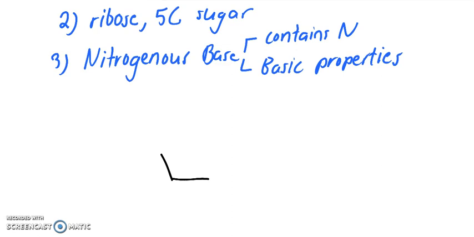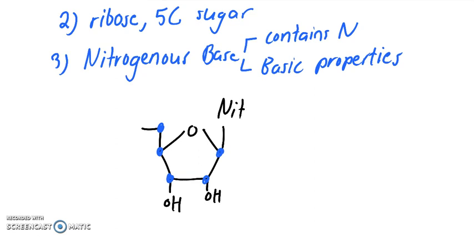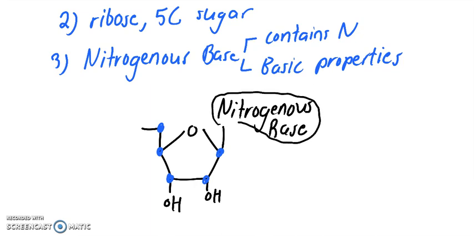Ribose is a pentagon-looking structure, unlike glucose, which was a hexagon. And then this would be the 5 carbons right here. So 1, 2, 3, 4, 5 carbons. Up here is where you can find the nitrogenous base. Again, you don't have to know this structure for now, it's just attached to the sugar.